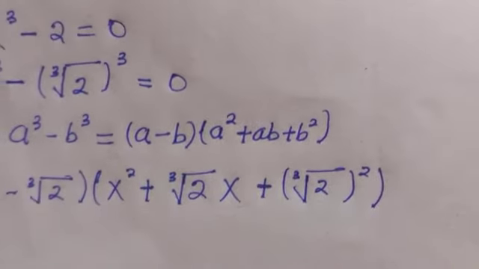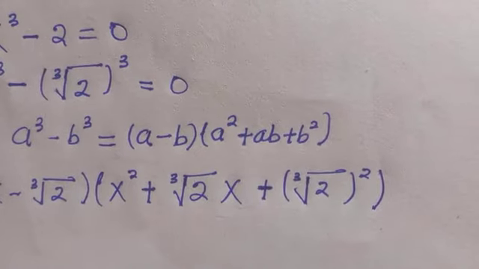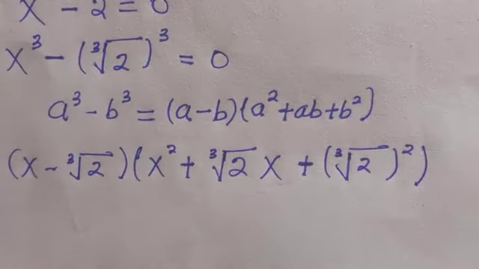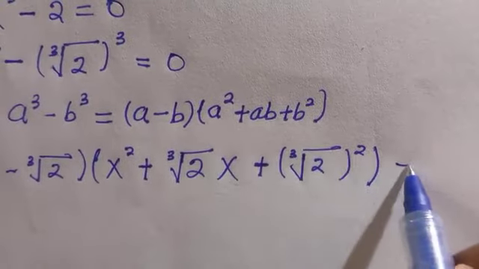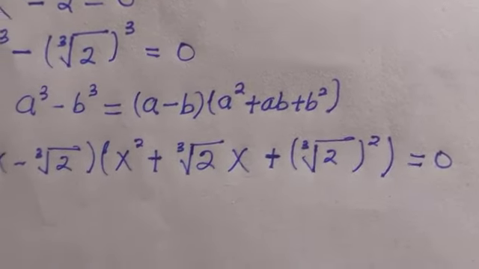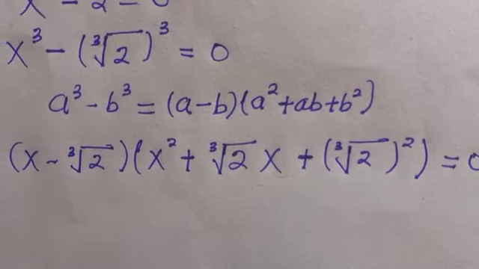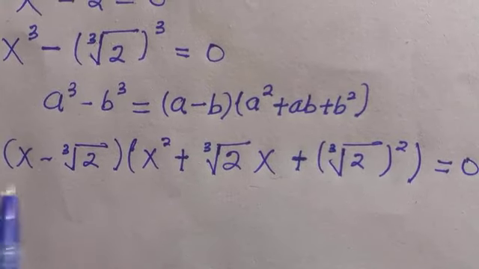Then we bracket everything. So for the first one, we are going to let x minus cube root of 2 equals 0, or the other part equals 0.